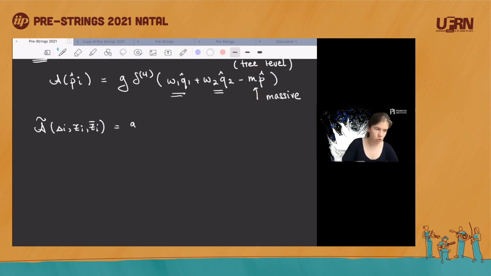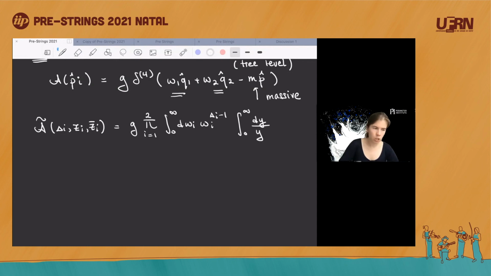So this is going to be G, and then there's going to be a product, i from 1 to 2, of the integral from 0 to infinity d omega i, omega i to the delta i minus 1. So this accounts for the massless ones, and then we have an integral over dy.